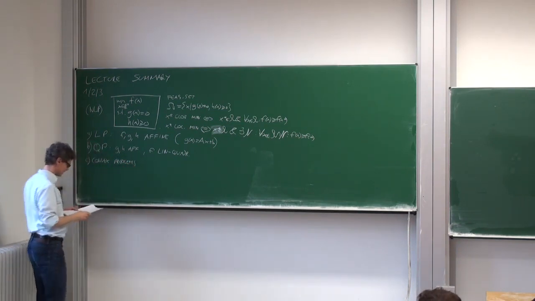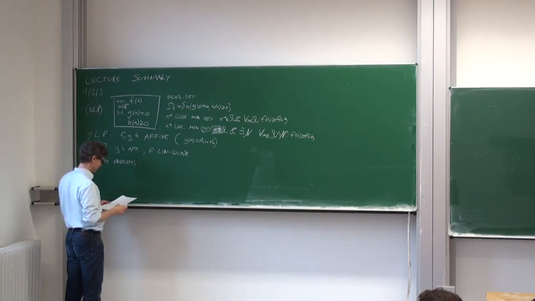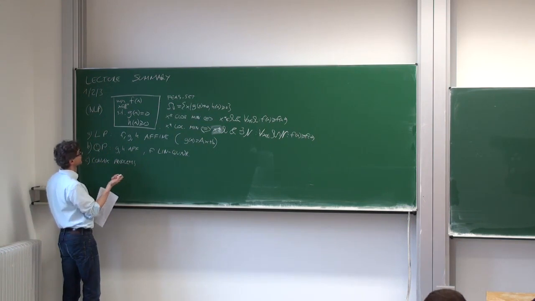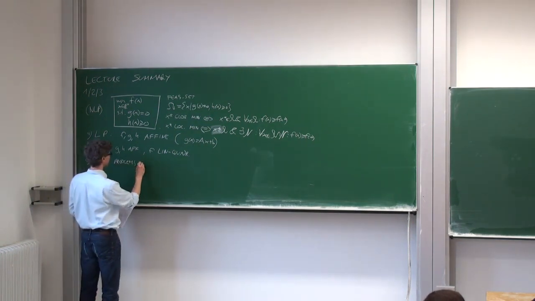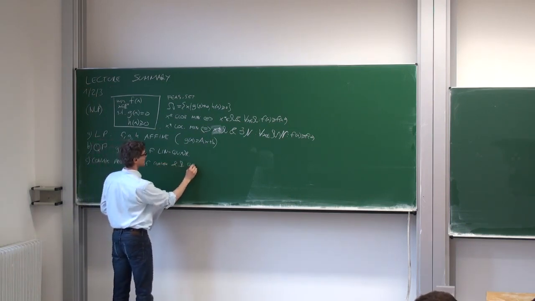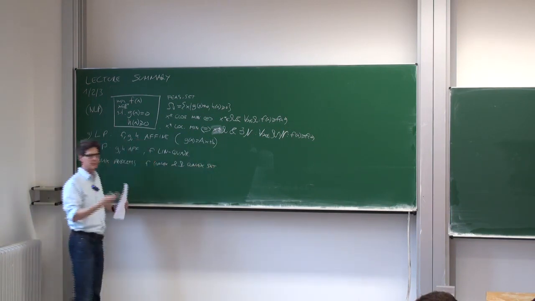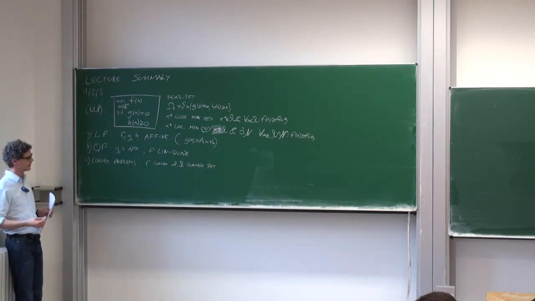And there were different definitions of them. Basically, the plain definition would be that f should be a convex function and omega a convex set. And if these two things are satisfied, then we would say this is a convex problem.